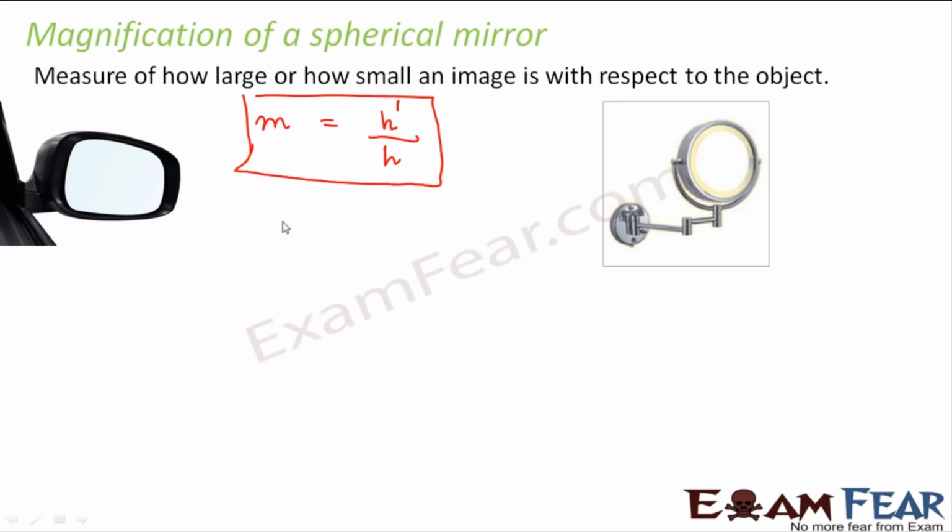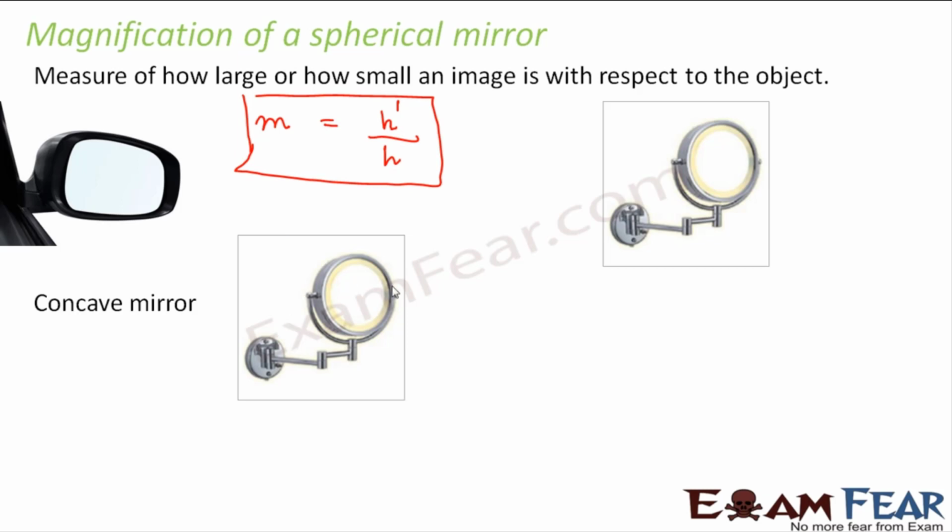Now let us try to look at the magnification in case of a concave mirror. Let us suppose this is a concave mirror. What kind of image do we normally get in case of a concave mirror? Okay, let us try to find out magnification in case of concave mirror.